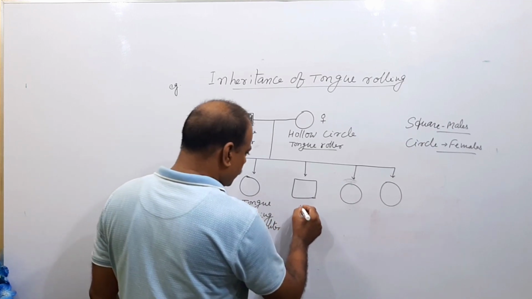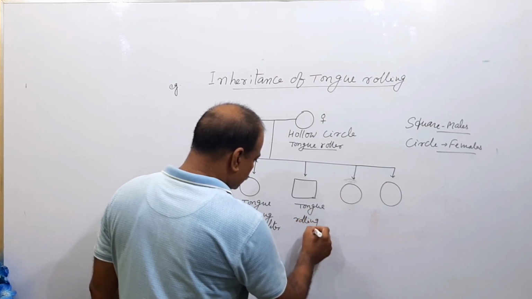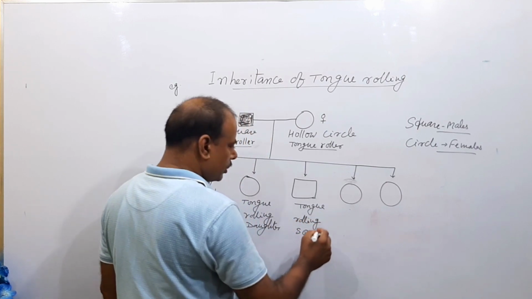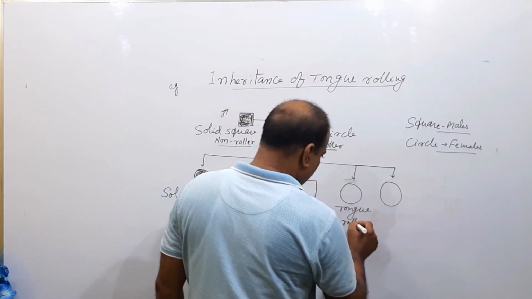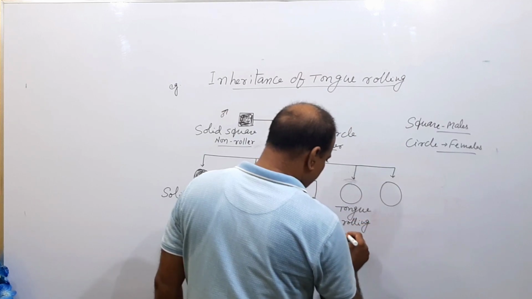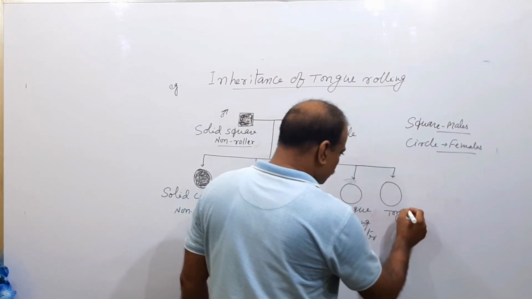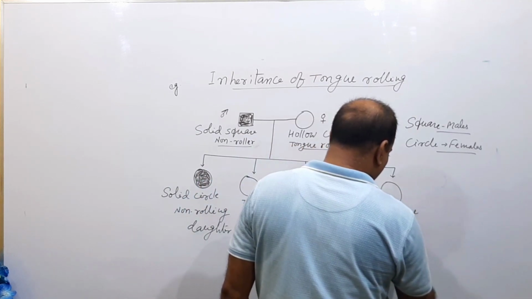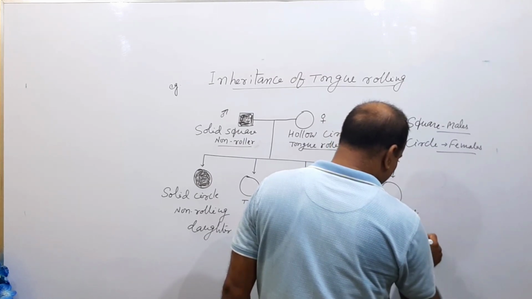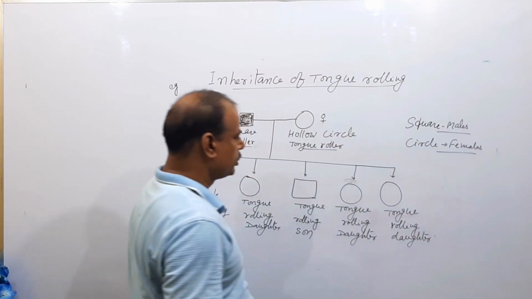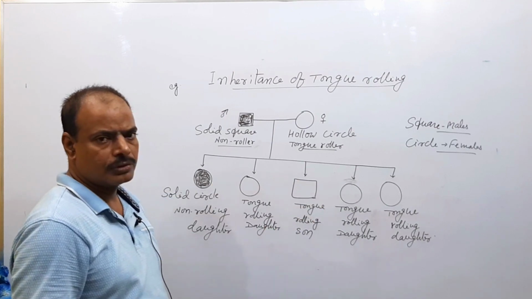Here again tongue rolling son, tongue rolling daughter, and again tongue rolling daughter. In this way we can say there is only one son, whereas 1, 2, 3, 4 daughters.